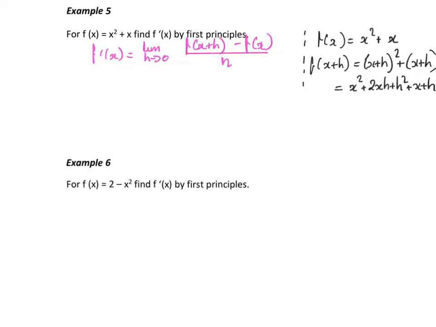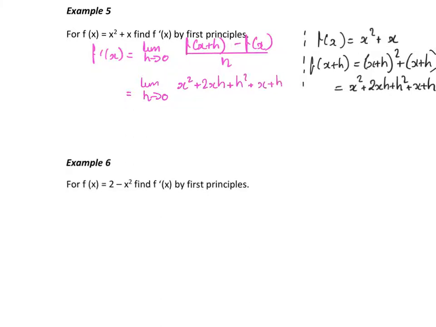So let's come back over here and work out what f dash x is equal to by substituting in. So we've got the limit as h tends to 0. Now, what did we say f of x plus h was equal to? There it is, x squared plus 2xh plus h squared plus x plus h.